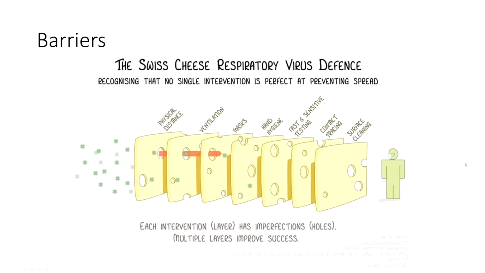And when we talk about barriers, I'm going to bring back this from the human error presentation about the Swiss cheese model applied to respiratory virus defense. So, barriers are slices of cheese in this instance. Each barrier will have imperfections.